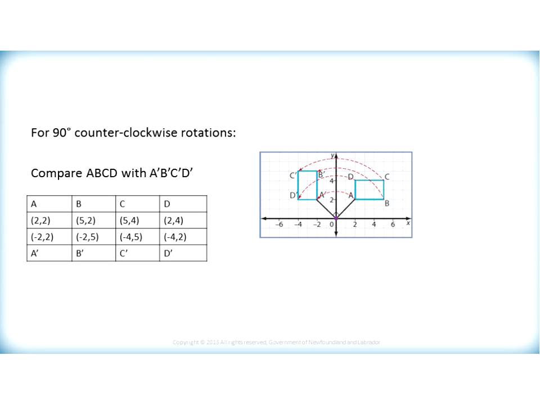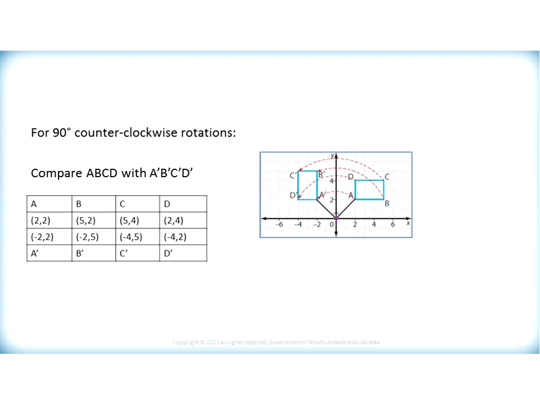A is (2, 2), B is (5, 2), C is (5, 4), and D is (2, 4), just like in the last table. Now what happens is I've got A prime is (-2, 2). In B, it's (-2, 5). In C, I've got (-4, 5). And in D, I've got (-4, 2).